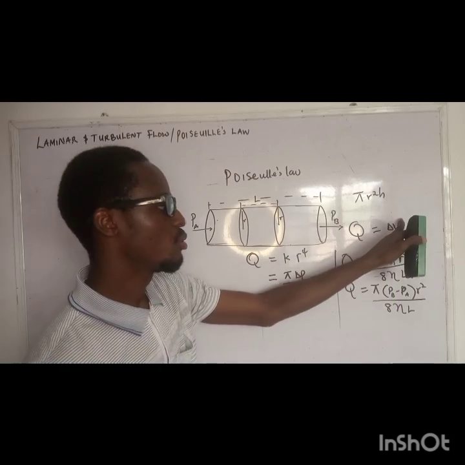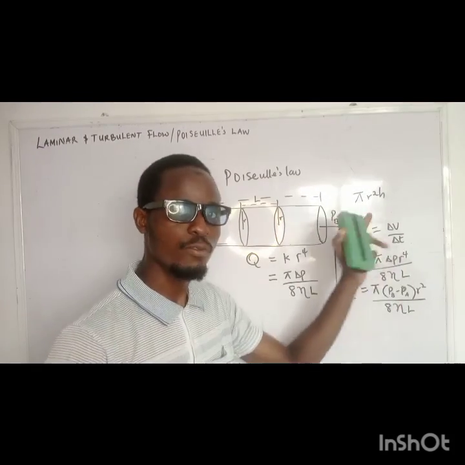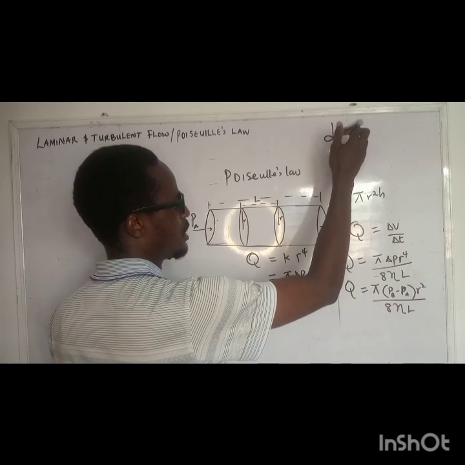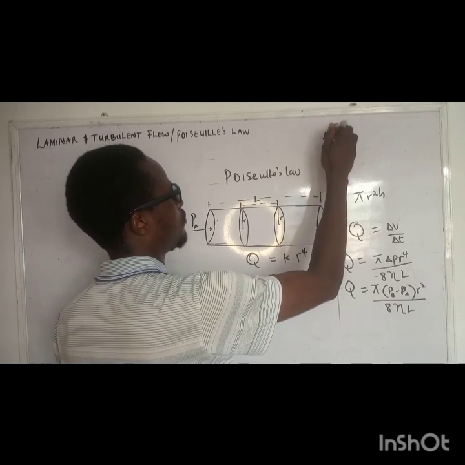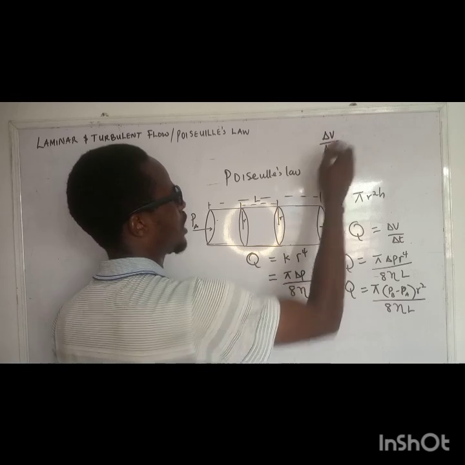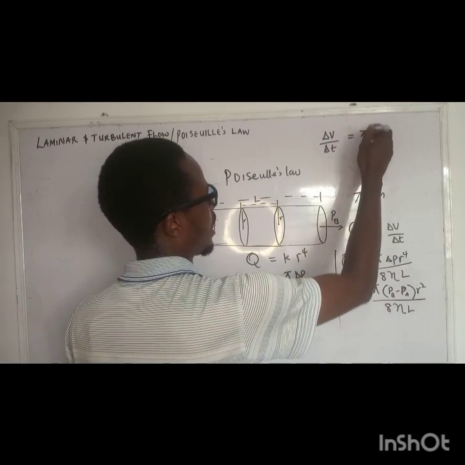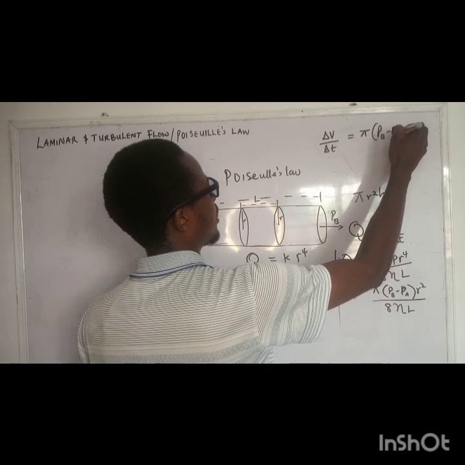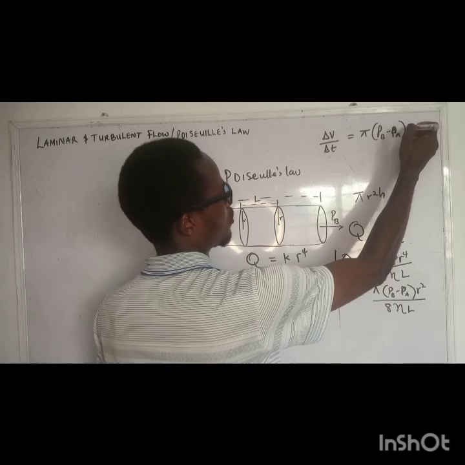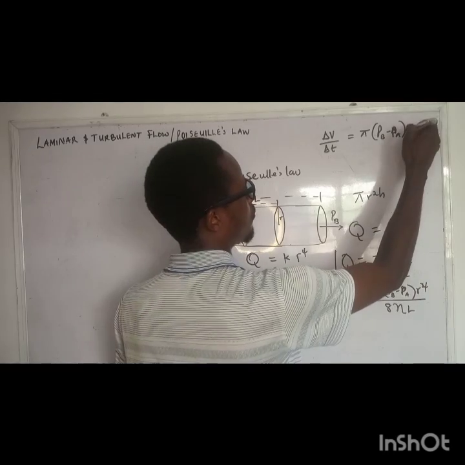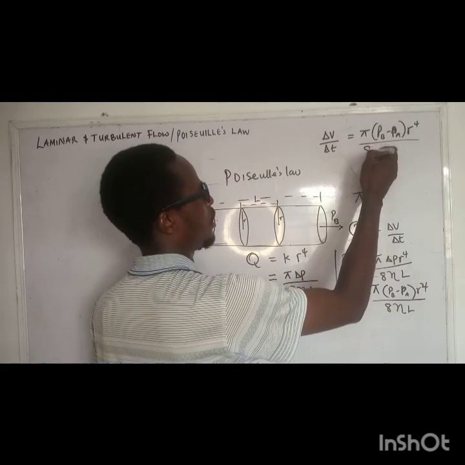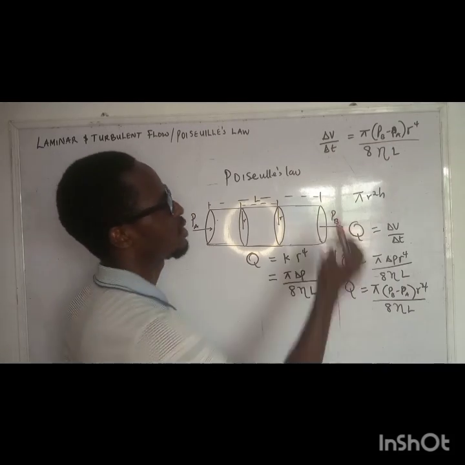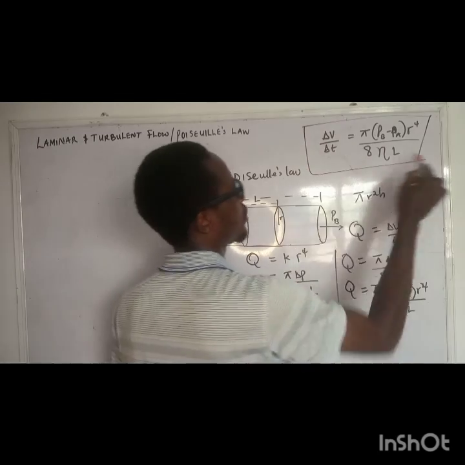At the same time, I told you Q is the volumetric flow rate, so we can substitute that here and have this equation: change in V over change in T, that's the flow rate, equals pi into PB minus PA, which you can easily write as change in P multiplied by r raised to the power 4 all over 8 multiplied by the viscosity and length. So this is Poiseuille's equation.